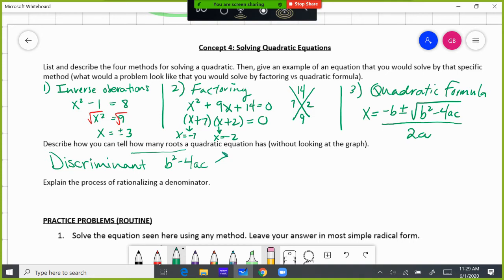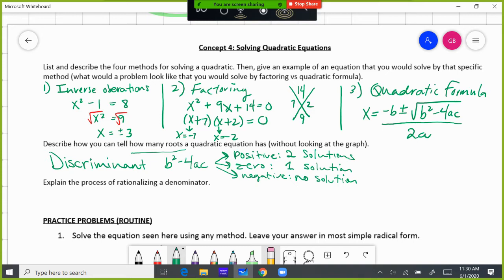If it's positive, it's 2 solutions. If it's 0, it's 1 solution. And if it's negative, it's going to be no solution. Okay.